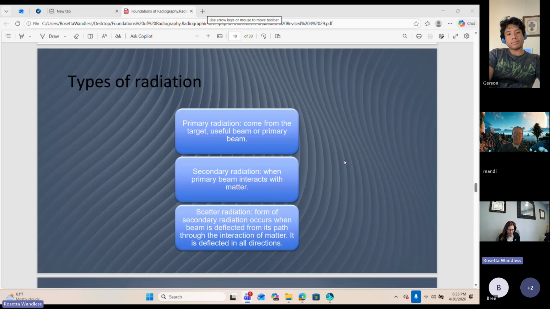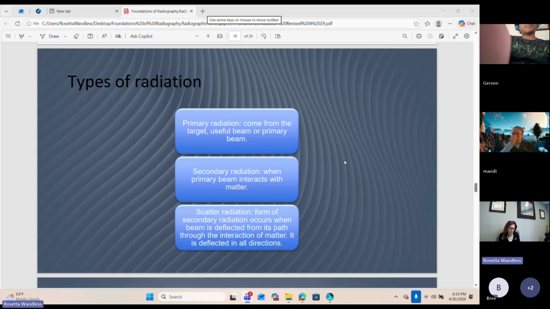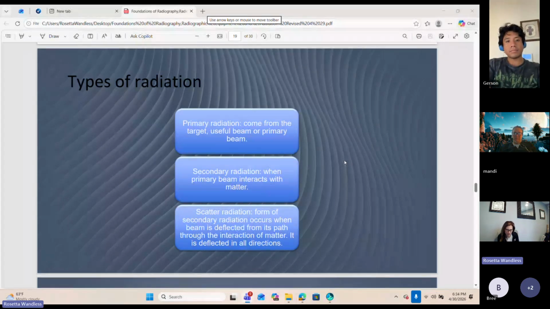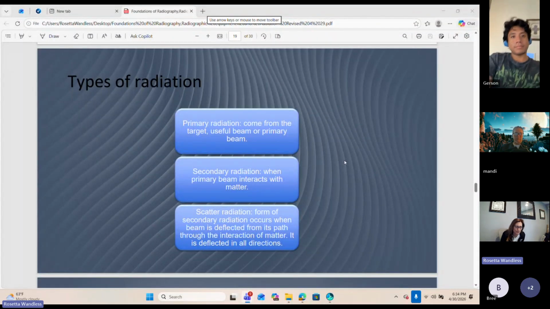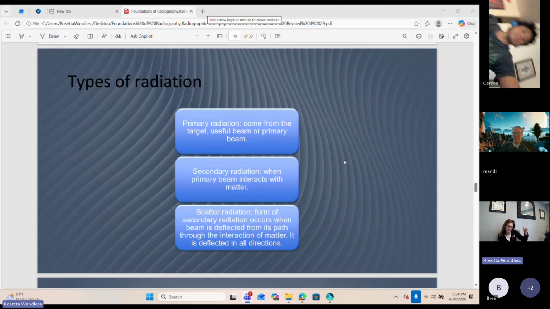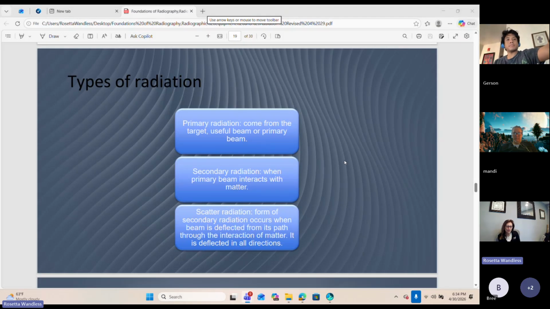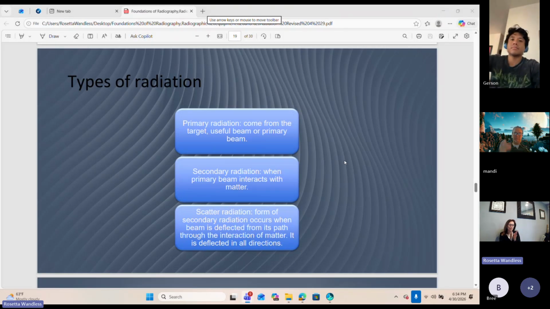So we know how electromagnetic radiation is harnessed, right, from regular electricity. It goes through the X-ray machine. The electrons collide inside the glass tube. 99% is generated as heat. 1% comes out as electromagnetic radiation, which is our most penetrating part of the radiation that's coming through.